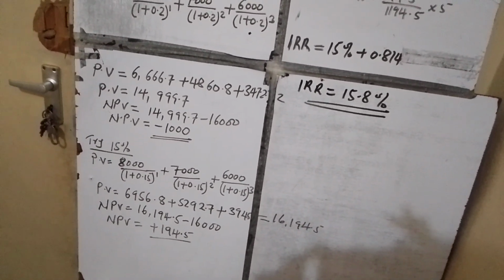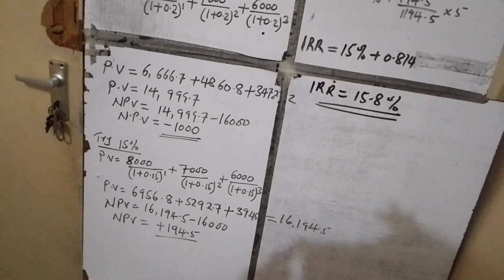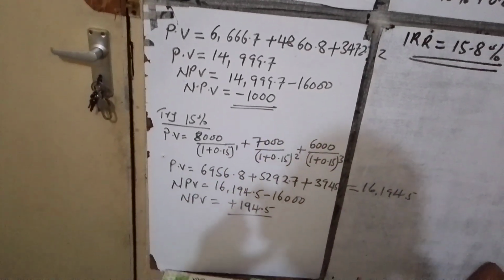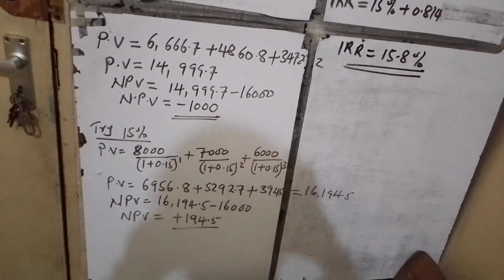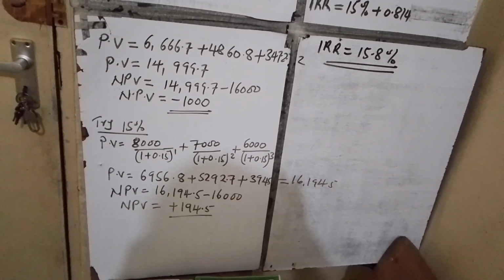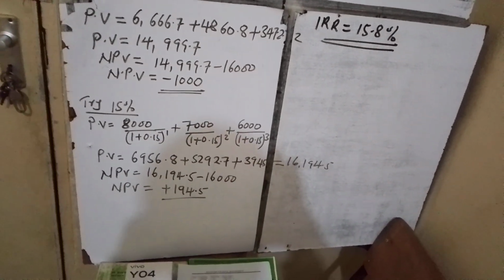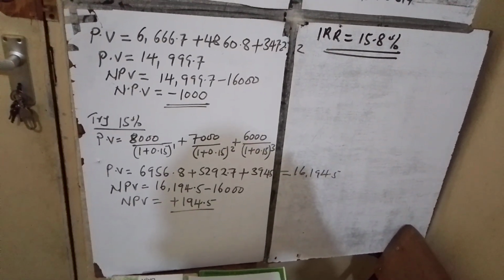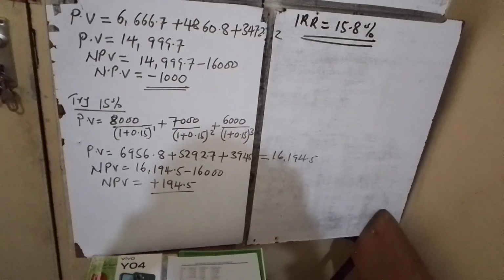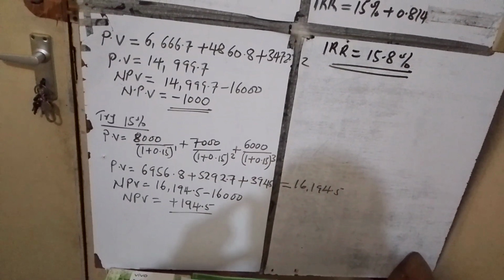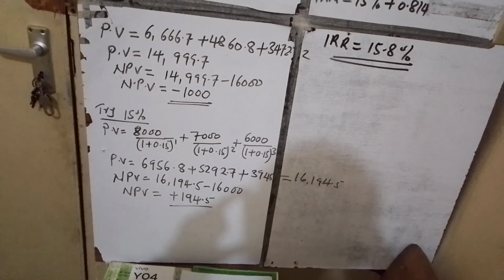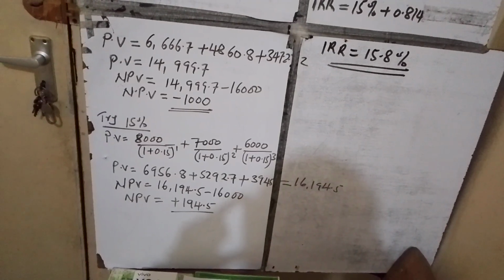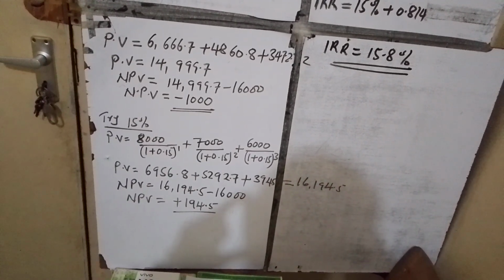So 8,000 over 1 plus 0.15, plus 7,000 over 1 plus 0.15 raised to 2, plus 6,000 over 1 plus 0.15 raised to 3. Okay, so the present value, you work that out. 8,000 over 1 plus 0.15 raised to 1, you get 6,956.8. 7,000 over 1 plus 0.15 raised to 2, you get 5,292.7.